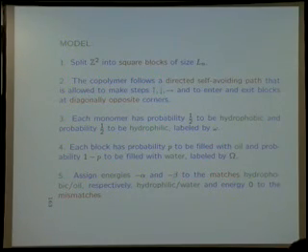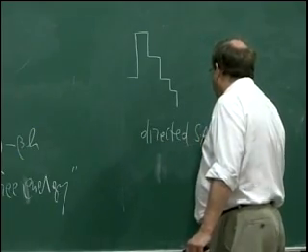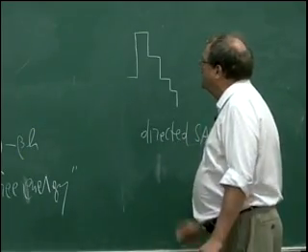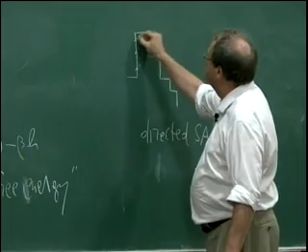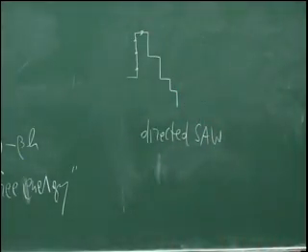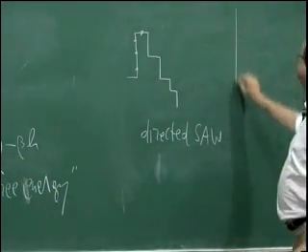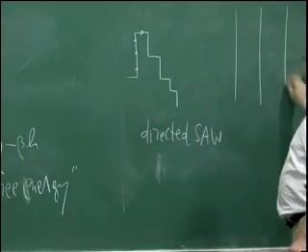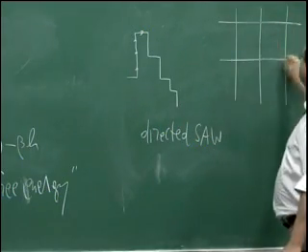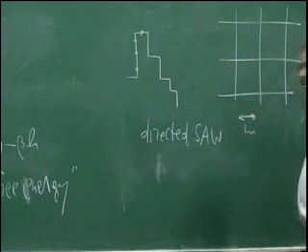It's a directed self-avoiding walk. Those are the paths that I will allow. And I'm chopping up my space into big blocks, where this has length L_n.